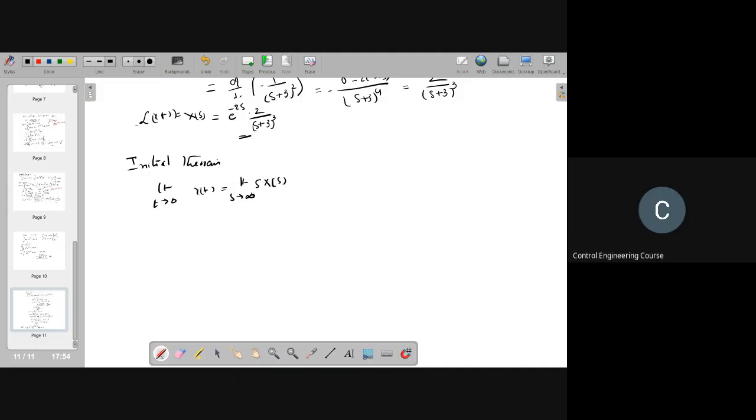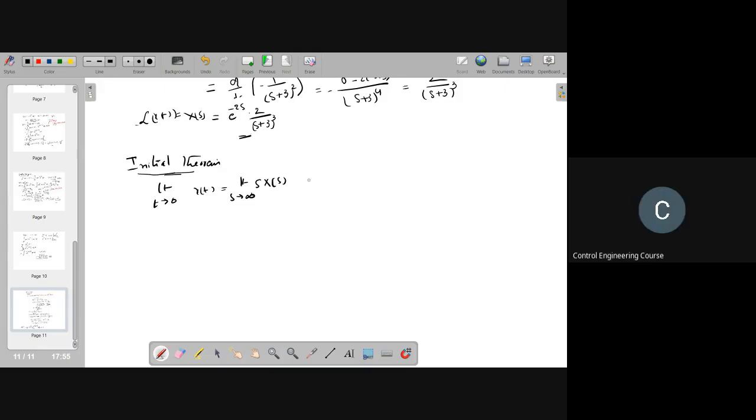Are there any other things? It is condition based. What is that condition? It should be defined for u of t or u of minus t. If t is greater than 0, then this condition applies. If t is less than 0, then it is reversed.